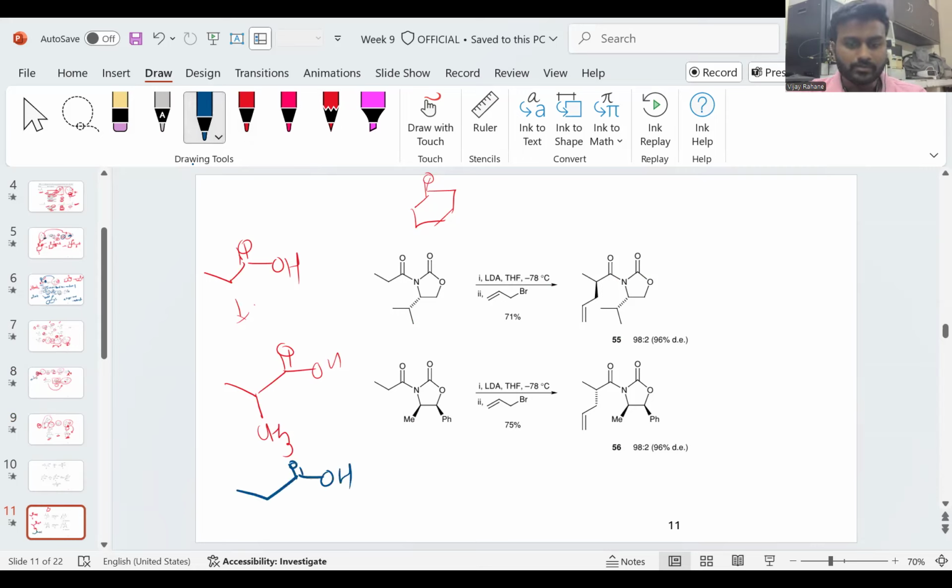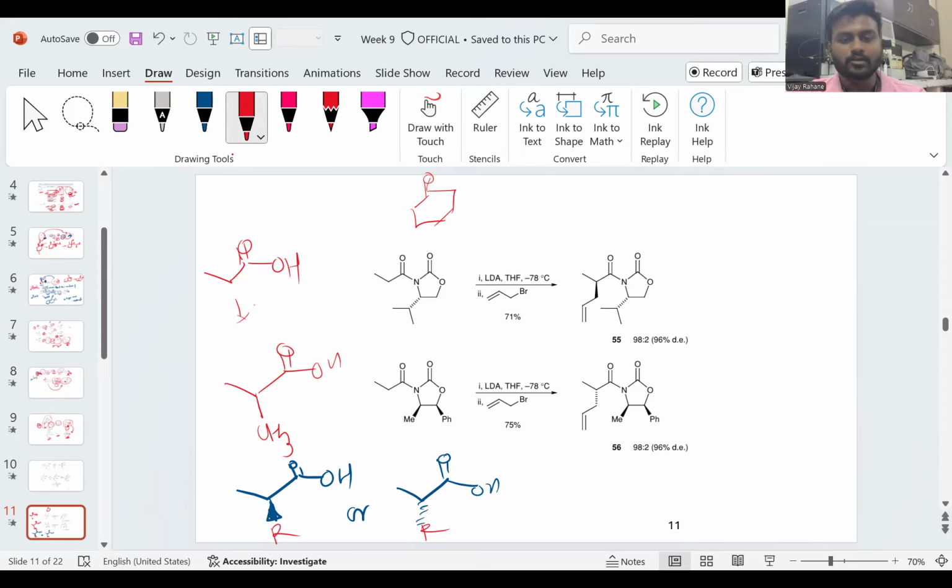Let's say we want this methyl directing upward, or instead of methyl, you can take a generalized example like the R group directing downward. So in that case, how can we proceed?